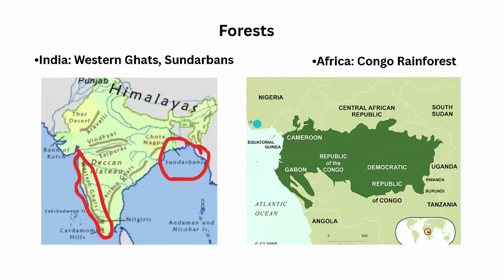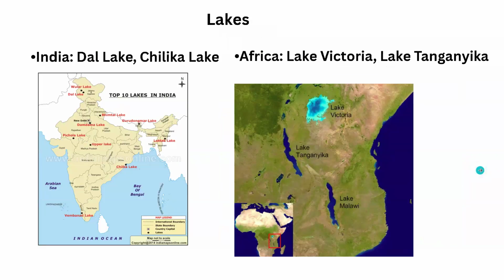And here, because the Brahmaputra is entering the Bay of Bengal near Kolkata, you will find the Sundarbans. In the western coast, heavy rainfall is seen, so in the Western Ghats also you will find rainforests.